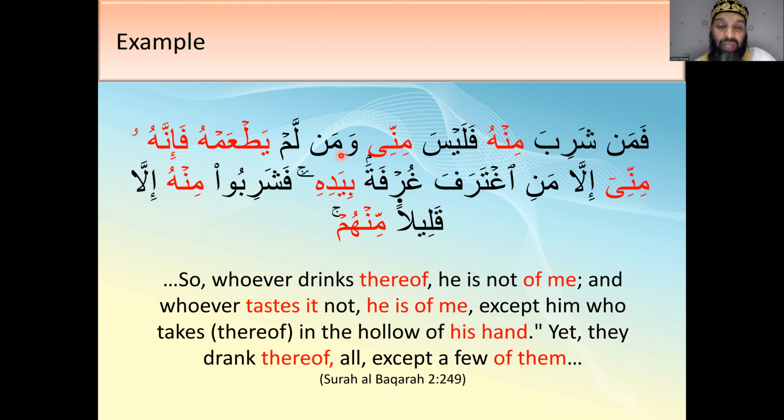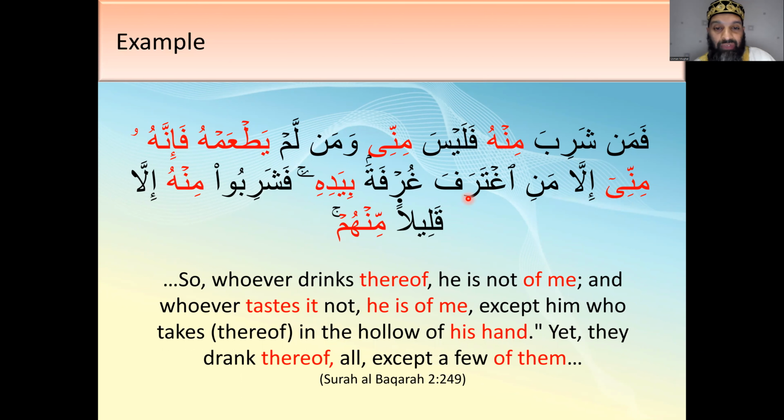Waman, and whoever, lam, not, yat'amhu, tastes from it, fa'innahu, so indeed he is minni, from me.